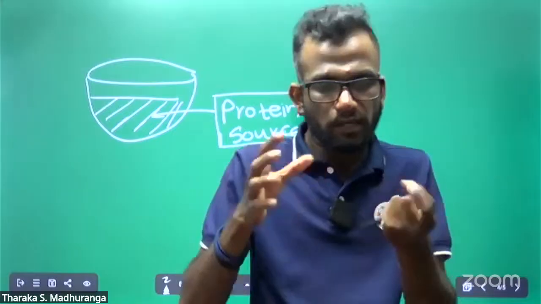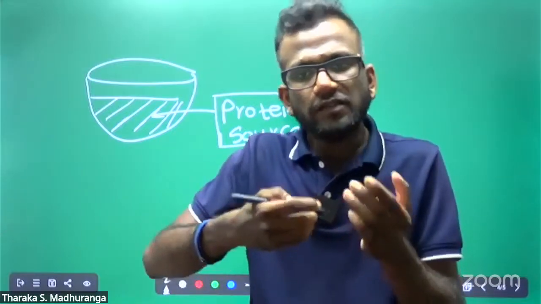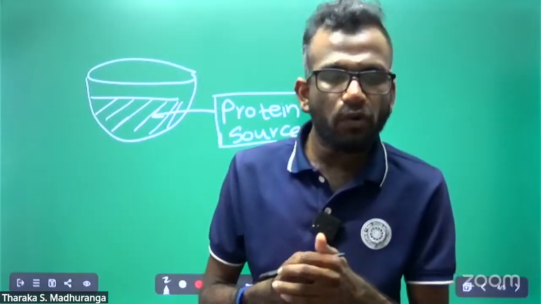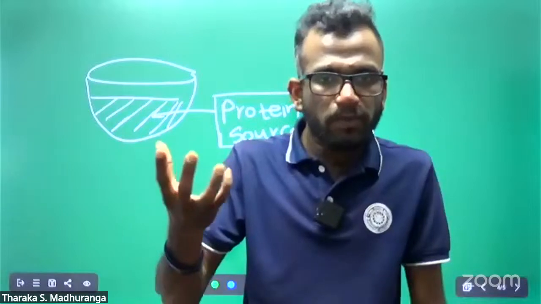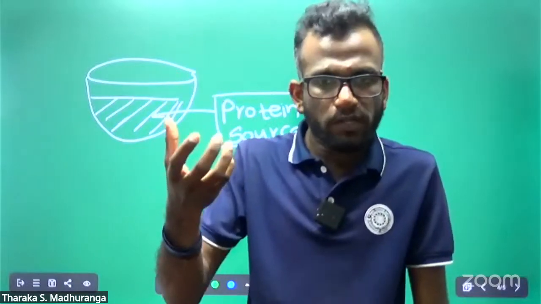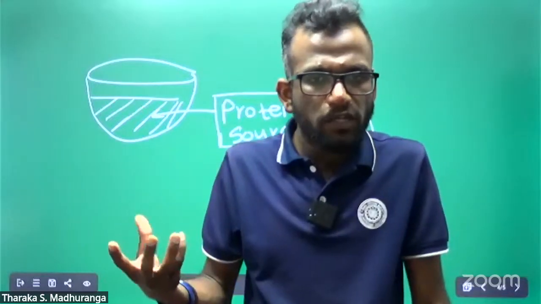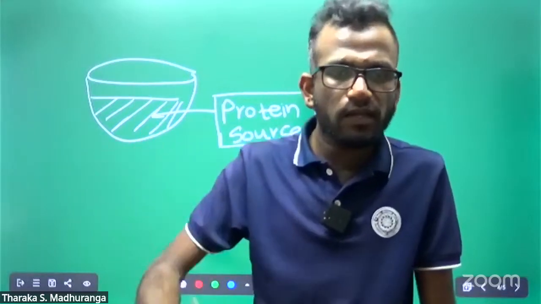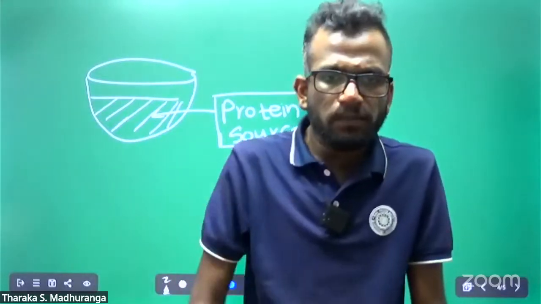Denaturation means permanently changing the physical state of the proteins. Remember, albumin is the egg protein. When we heat it at a higher temperature, it becomes solid. It is permanent. If I cool it again, it does not become liquid.